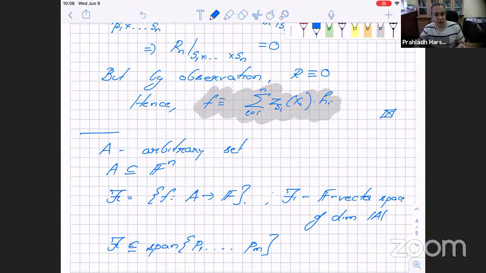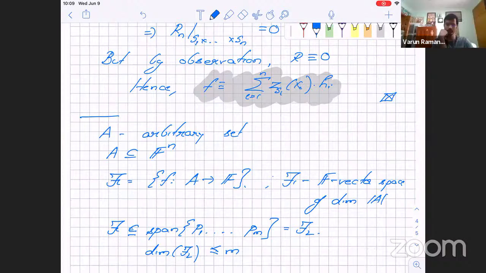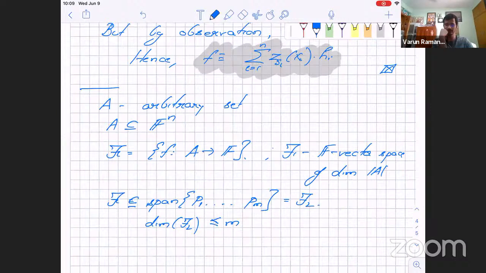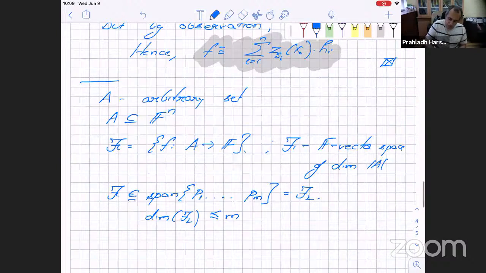Because something is contained in the span of this one, let's call this guy F2, the dimension of F2 has to be smaller than or equal to M. Is that okay? We are not assuming any independence of the P's; we don't need that. It's smaller than M. But this will tell you that the size of A is less than or equal to M.